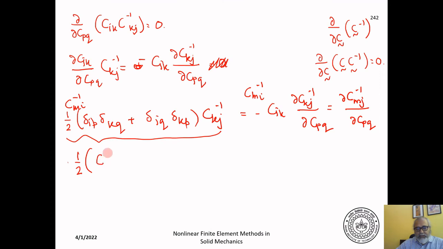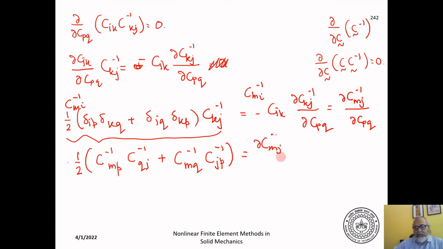So this becomes C inverse MP, and this Kq becomes Qj, plus then Mi, this becomes C inverse Mq and C inverse Jp, that is equal to your del Cmj inverse by del Cpq.